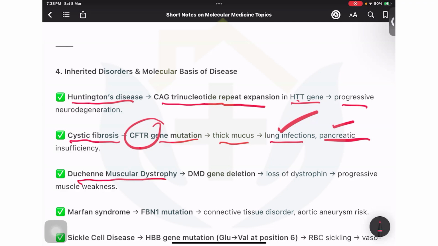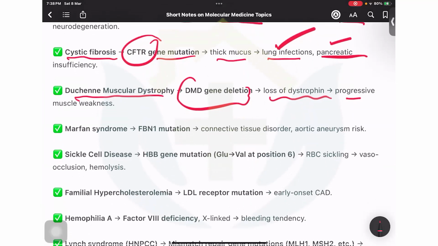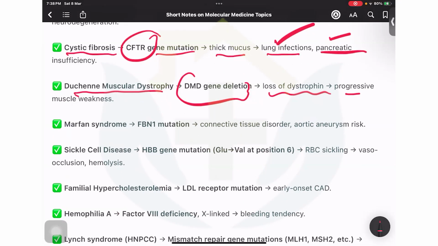Duchenne muscular dystrophy, the DMD gene is deleted, loss of dystrophin, leading to progressive muscle weakness. Gowers sign is the point to be remembered. Marfan syndrome, fibrillin 1 gene, connective tissue disorder, hyperelasticity, risk of aortic aneurysm, aortic regurgitation, and the cause of death is usually rupture of the aortic aneurysm, and cardiovascular cause is the biggest reason for death.